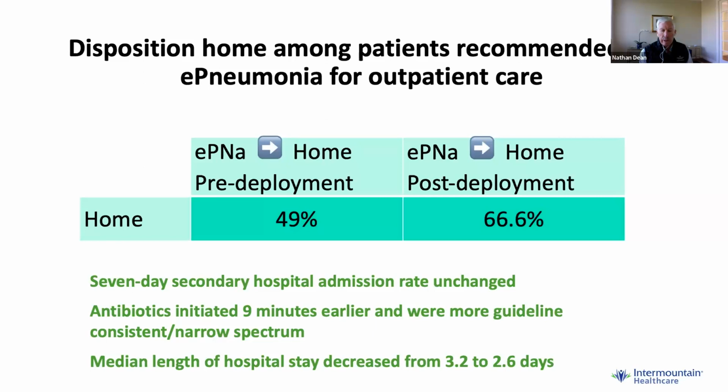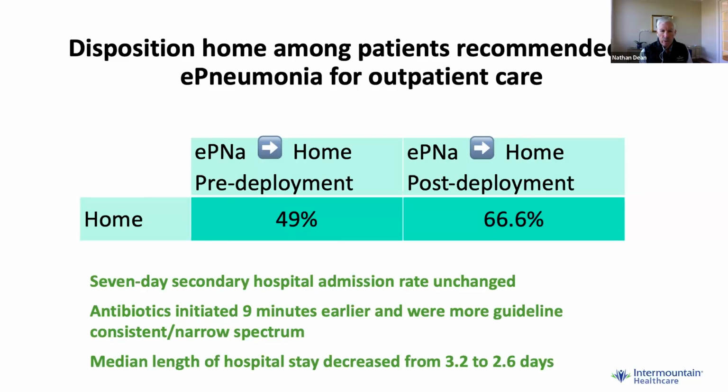We also had other positive outcomes in terms of processes of care. We had a 17% increase in safe home disposition in patients diagnosed with community-acquired pneumonia, and the patients who went home had a low mortality rate.